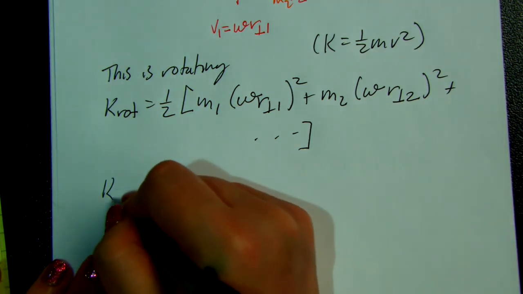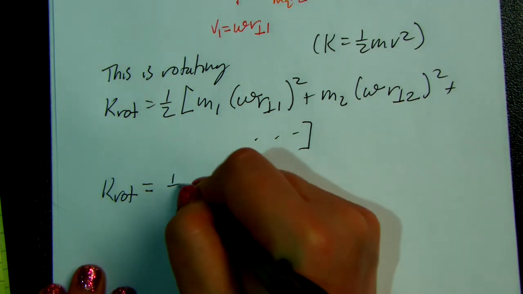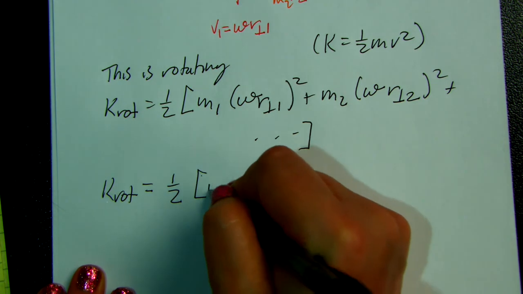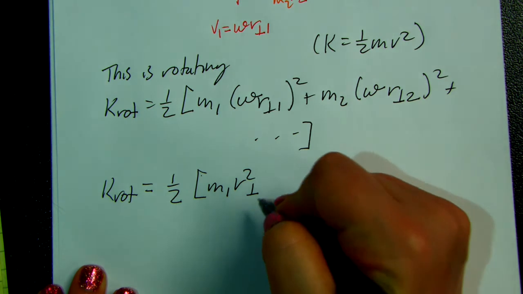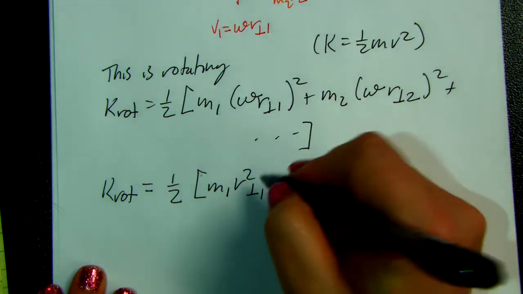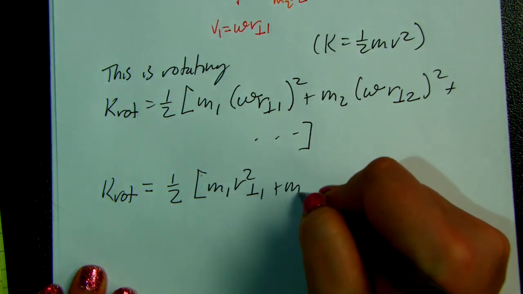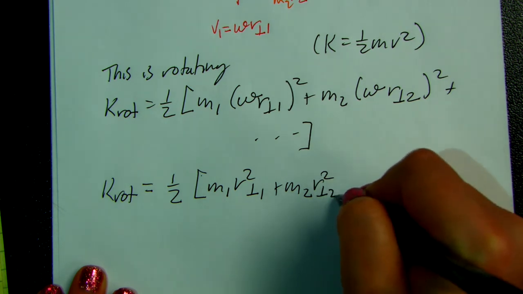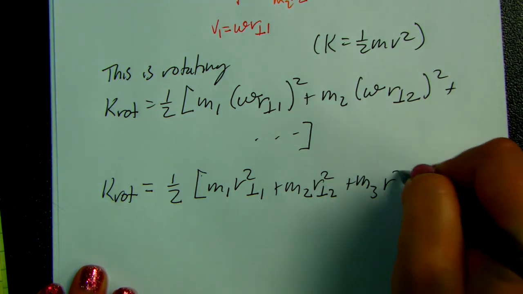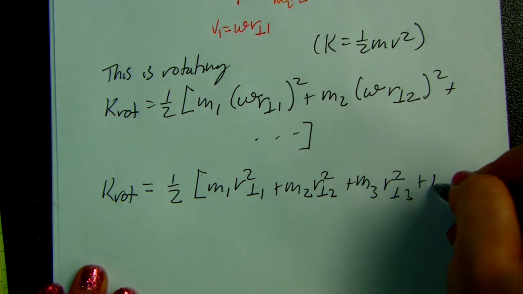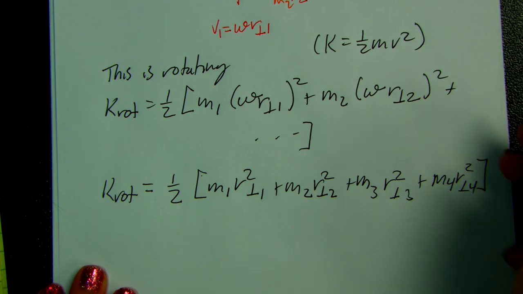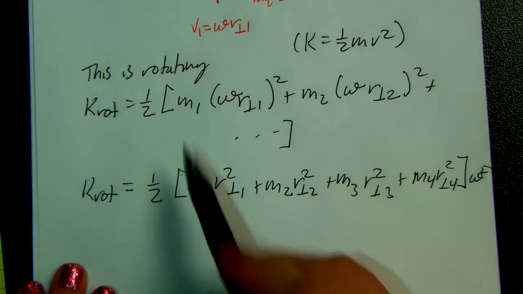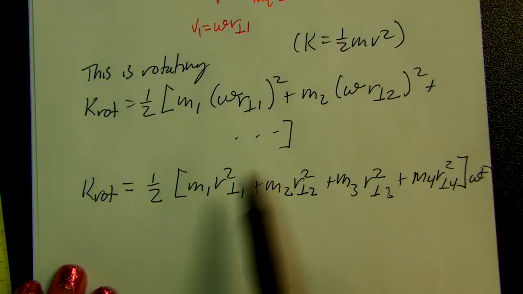So rotational kinetic energy is equal to 1/2 times m1 r perpendicular 1 squared plus m2 r perpendicular 2 squared plus m3 r perpendicular 3 squared plus m4 r perpendicular 4 squared, all of this times omega squared. We factored out that omega squared from each of these terms.